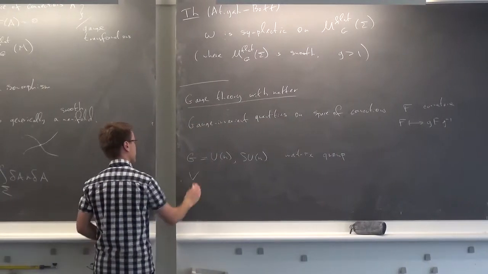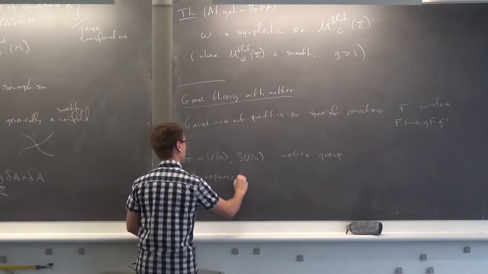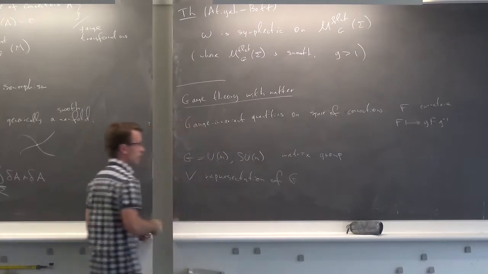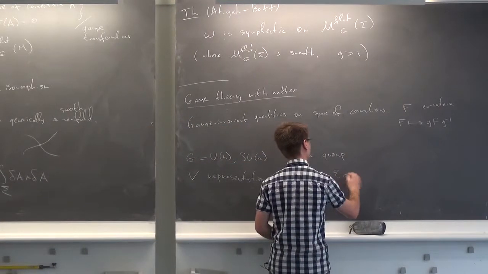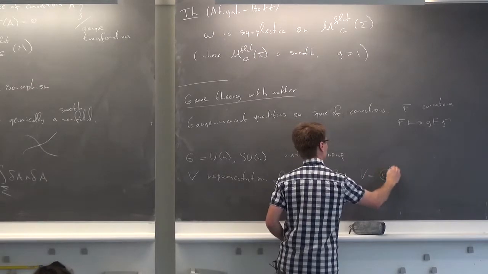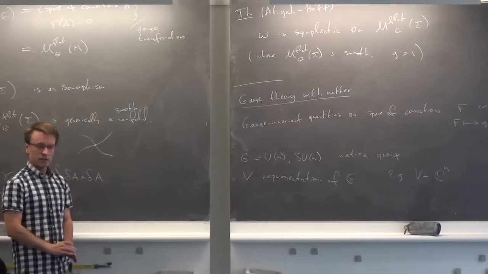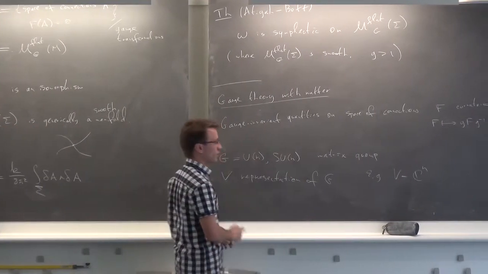And let's say V is a representation of G. So G acts on this vector space. So you can think about V being an n-dimensional space over the complex numbers where SU(N) or U(N) naturally acts.